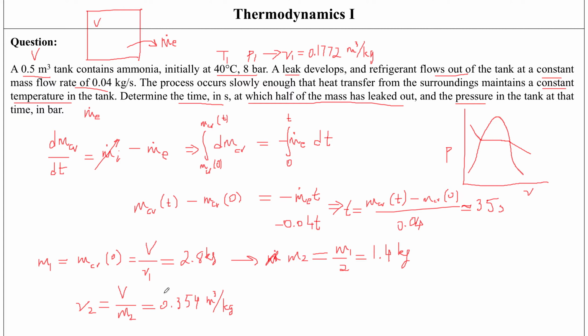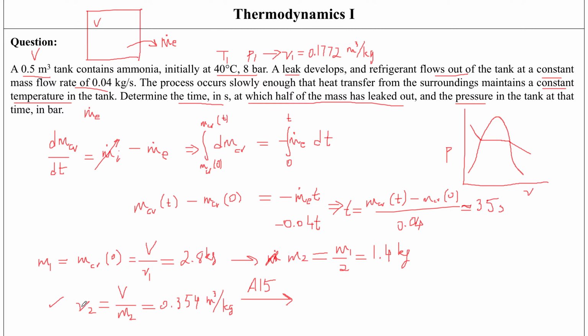And now you can go ahead and look for this value in the thermodynamic tables, in the table for ammonia. And I'm just going to give you a hint again. You're going to have to go to table A15 in Shapiro's book. Okay, and over there, now you've got information given to you. You've got two different pieces of information at state 2 that you can use with the tables.